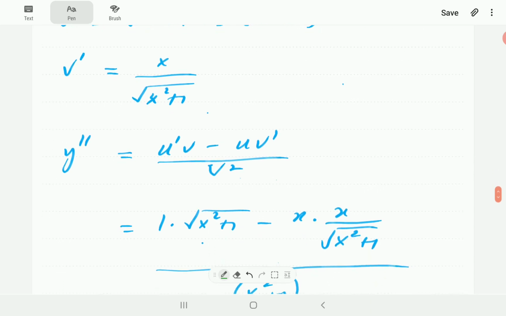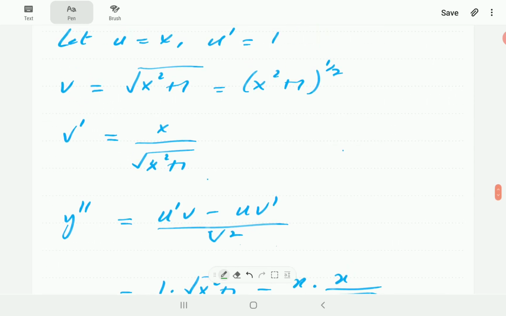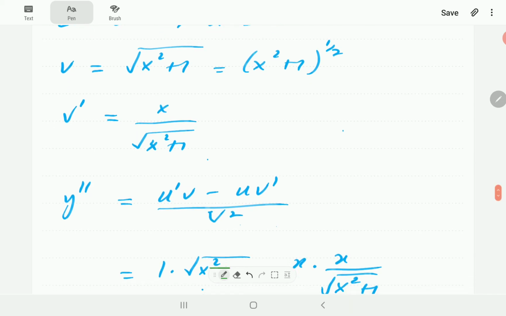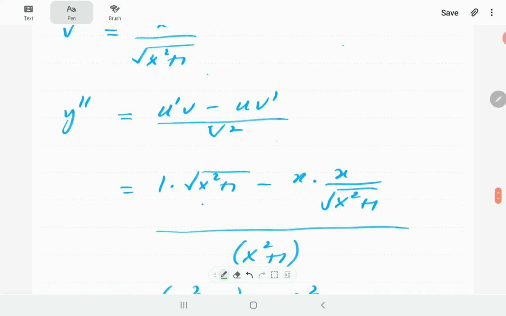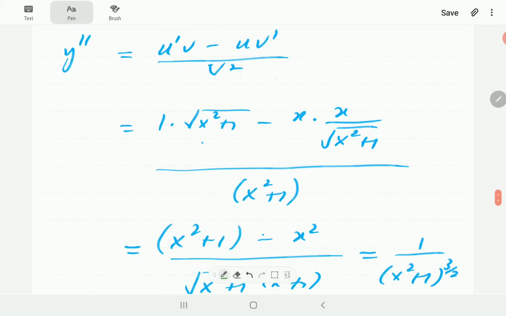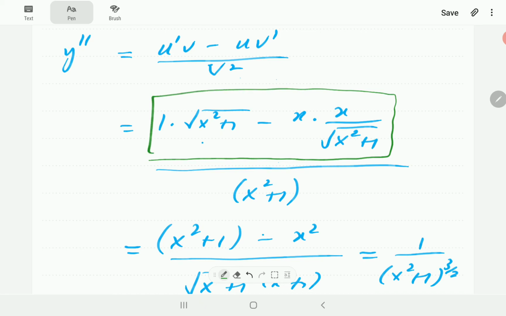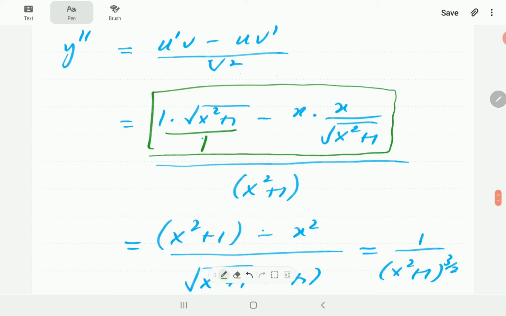So we plug this into the quotient rule. So u prime is 1, and we multiply that by v, and then minus uv prime. u is x and v prime is that term. And then again, whenever we've got this type of situation, we need to write this as a single fraction. So that over 1.